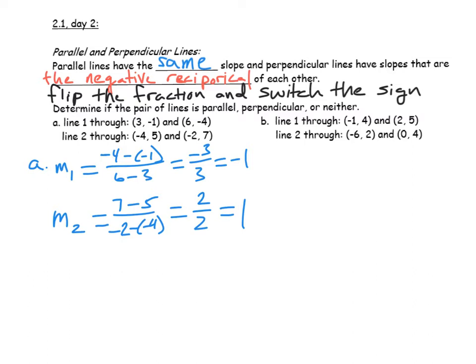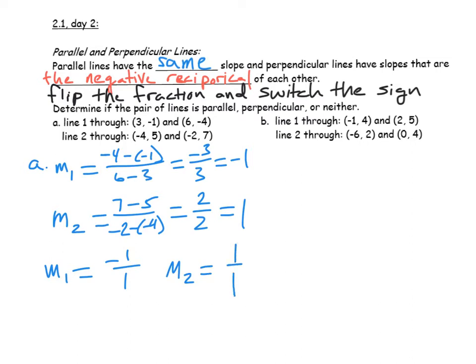Probably not a great one for you to see the first time, because this whole negative reciprocal, like the sign is opposite, right? So that fits. One was positive, the other was negative, right? But is this whole, you flip the numbers thing going on? Well, it's hard to tell because the numbers are the same, right? Really, slope number 1 is negative 1 over 1.